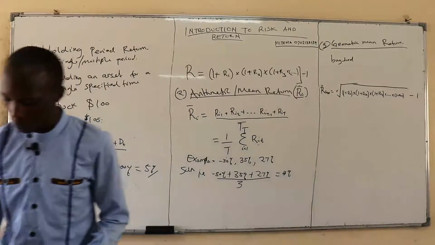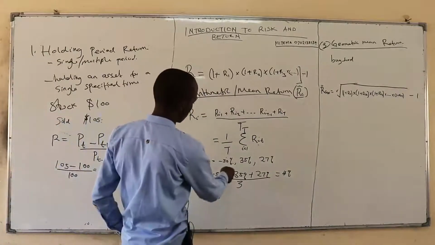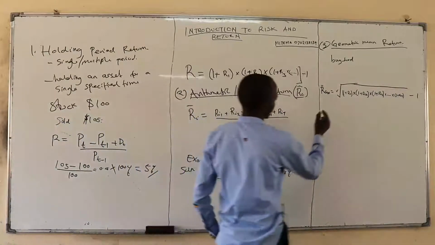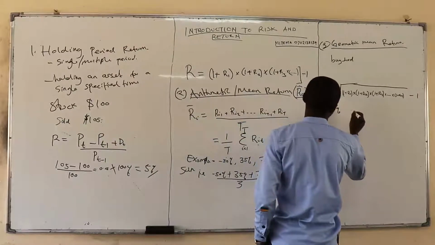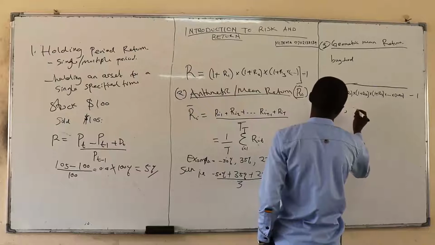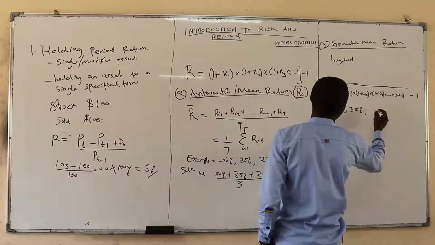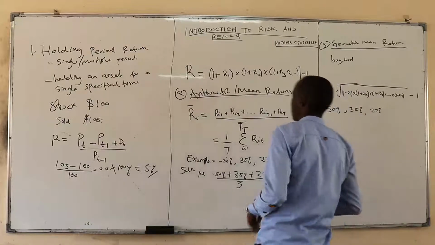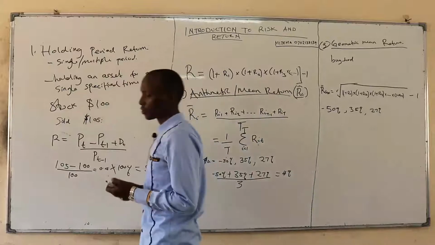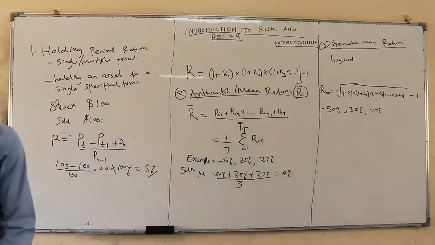For example, if you have been given these returns: a 50% return, minus 50%, a 35% return and a 27% return, and you are asked to calculate the geometric mean return of that kind of investment.